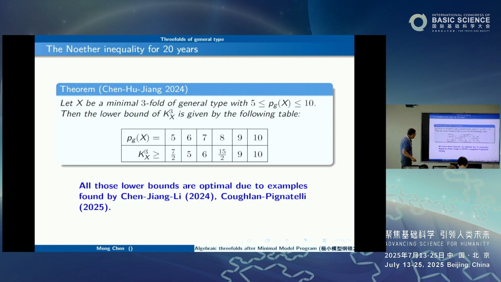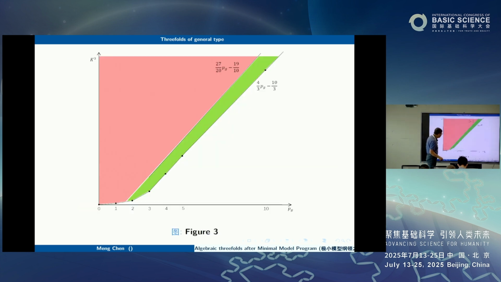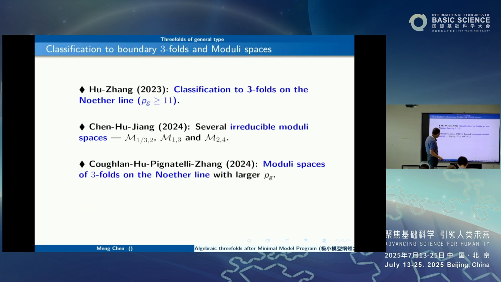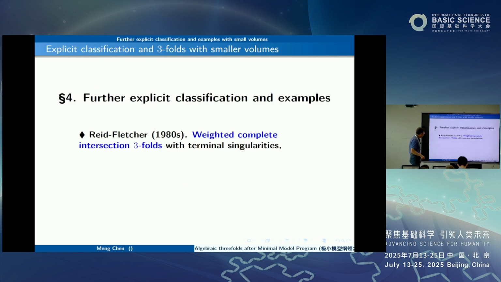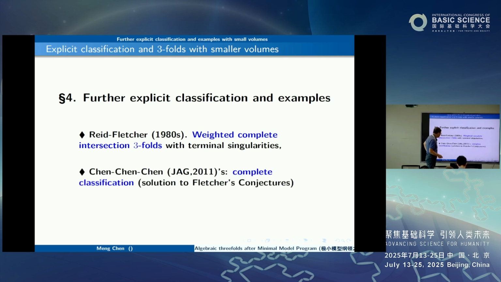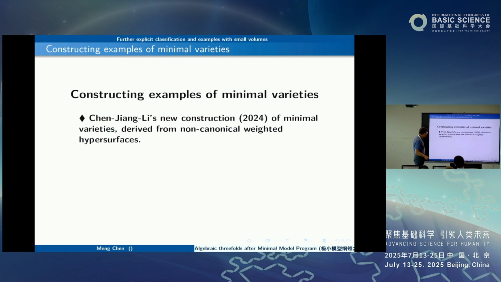So for threefolds of general type, there is still a lot of work to do. But so far, I think the most important thing is to work out the minimal volume. The conjecture is that 1/420 is the minimal volume. I hope we will finally work this out, but in general it seems to be very difficult.